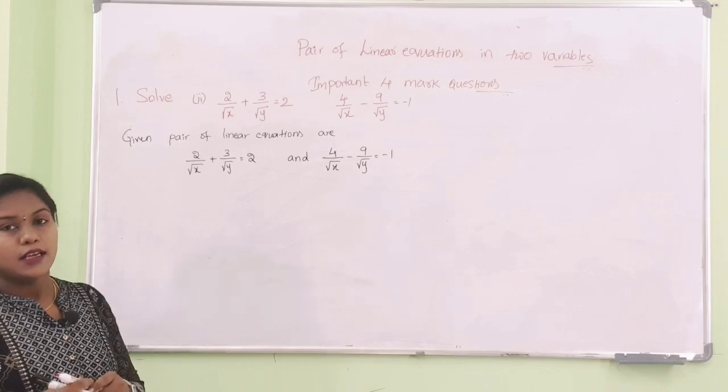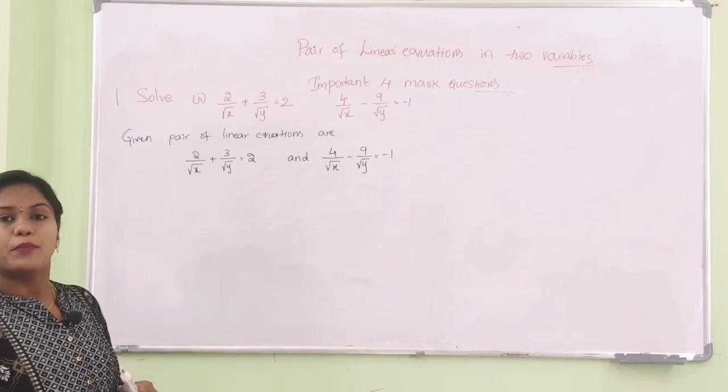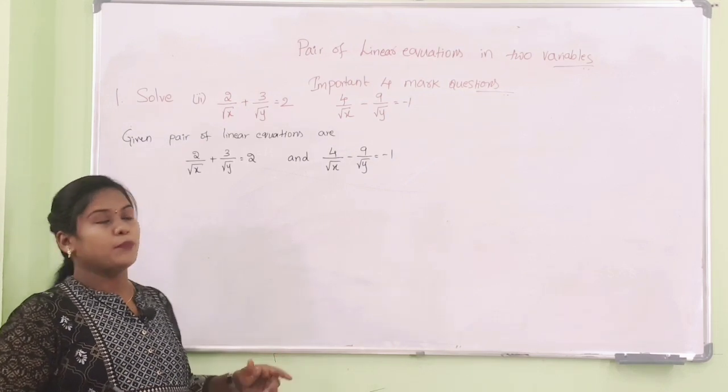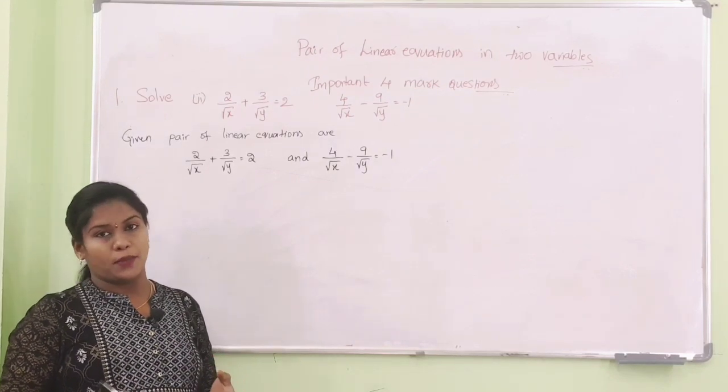Here in this case, in previous problem we considered 1 by x is equals to a and 1 by y is equals to b. Why? Because we are having x and y in denominators. But here we are having root x and root y as denominators.